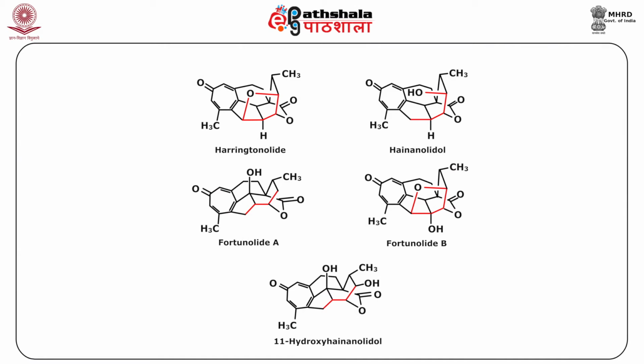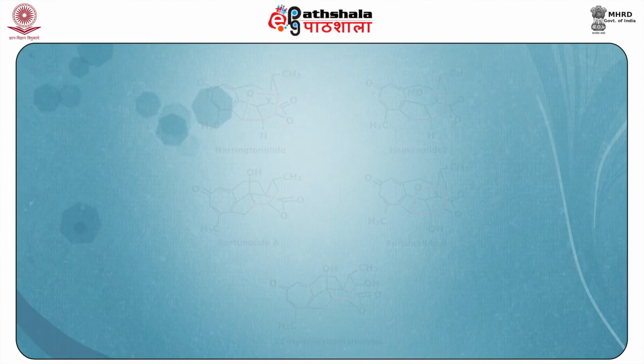Some diterpenoid tropones have been isolated and characterized thus far, such as harringtonolide, hainanolidol, and fortunolide A and fortunolide B. These have some complex structures, but you can easily identify the tropolone and tropone moiety in these natural compounds. And there is another one which is known as 11-hydroxy hainanolidol. All of these are naturally occurring compounds containing tropone or tropolone moieties.